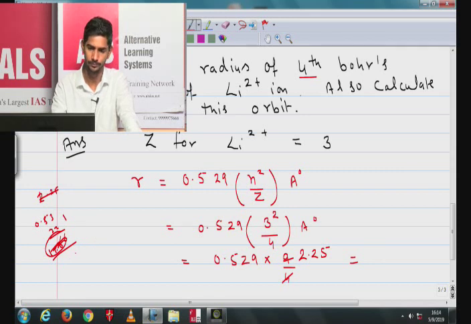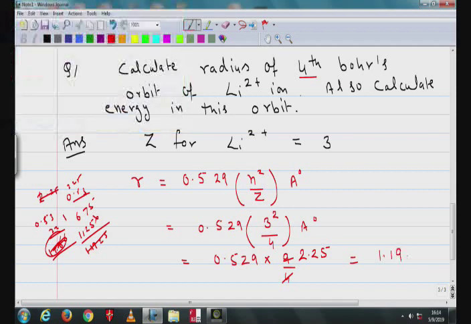It should be 1.19, or we can say 1.2. Approximately, the answer will be 1.2 angstrom for the radius.